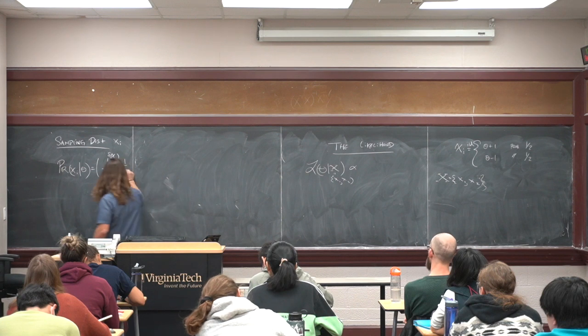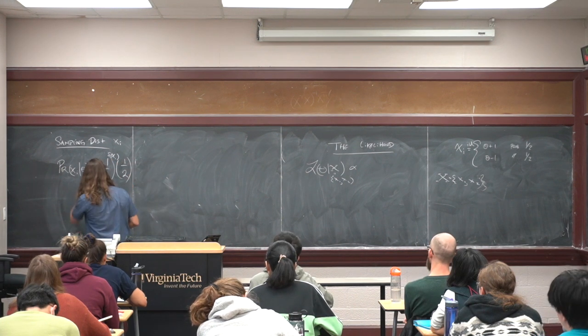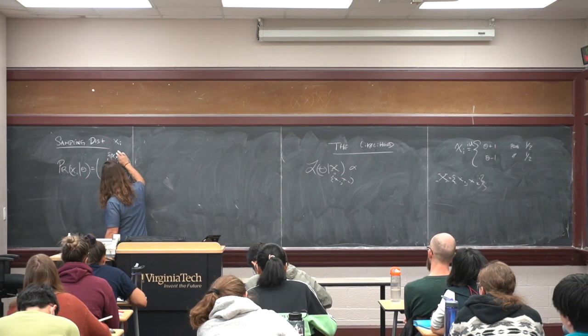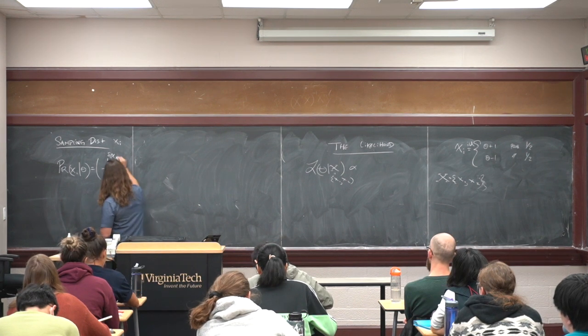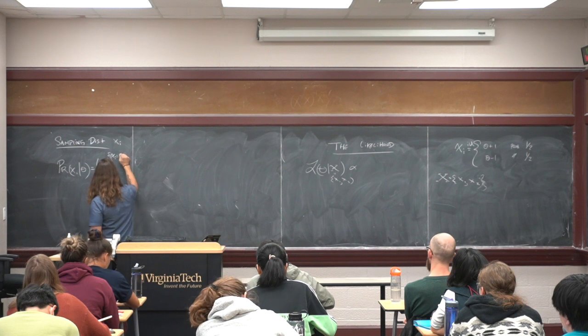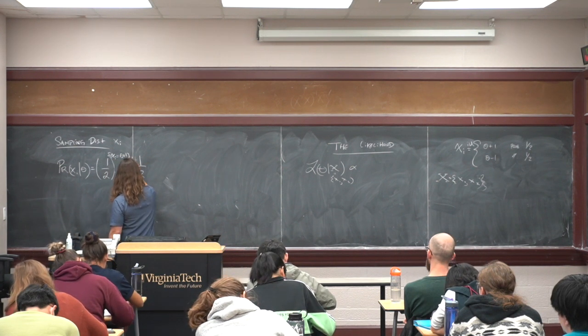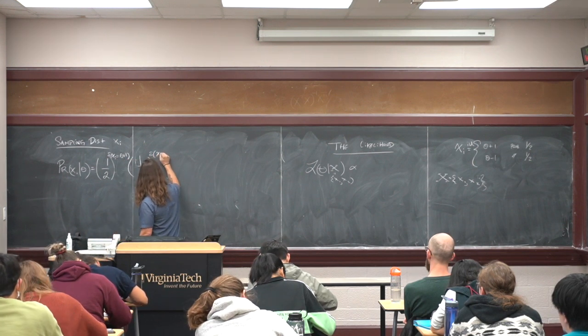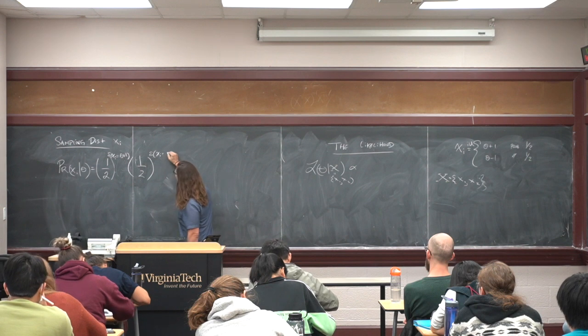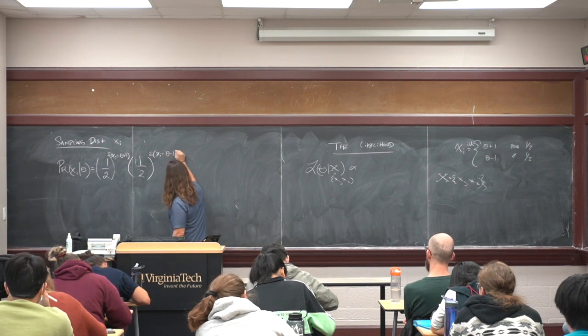So maybe 1/2 times delta of xi equal to theta plus 1, times 1/2 times delta of xi equal to theta minus 1.